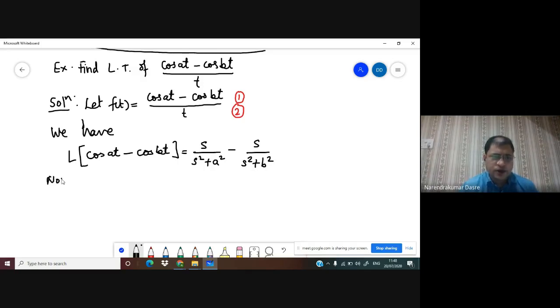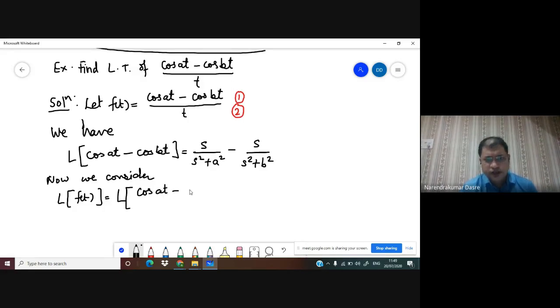Now we consider the Laplace transform of f of t, which is the Laplace transform of cos of at minus cos of bt upon t. That's what we have.